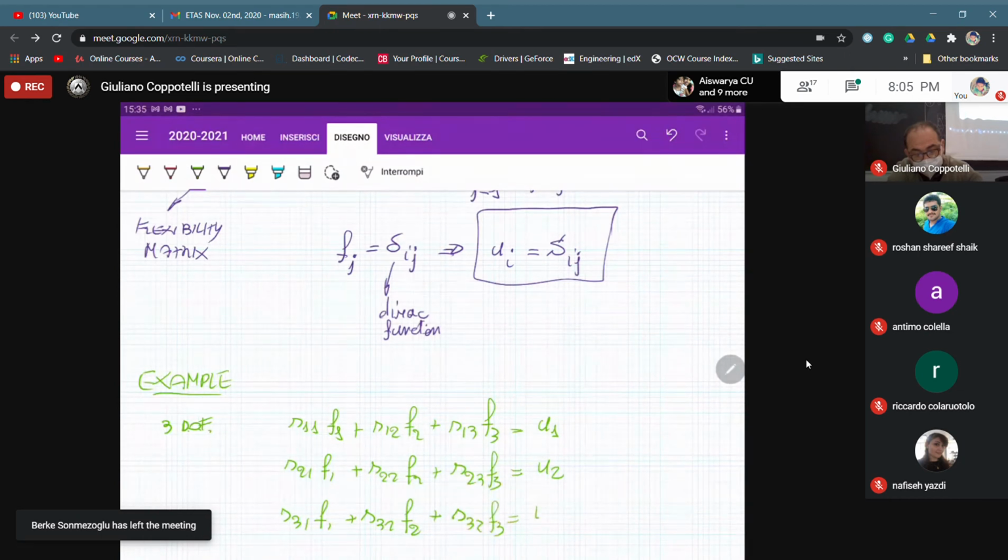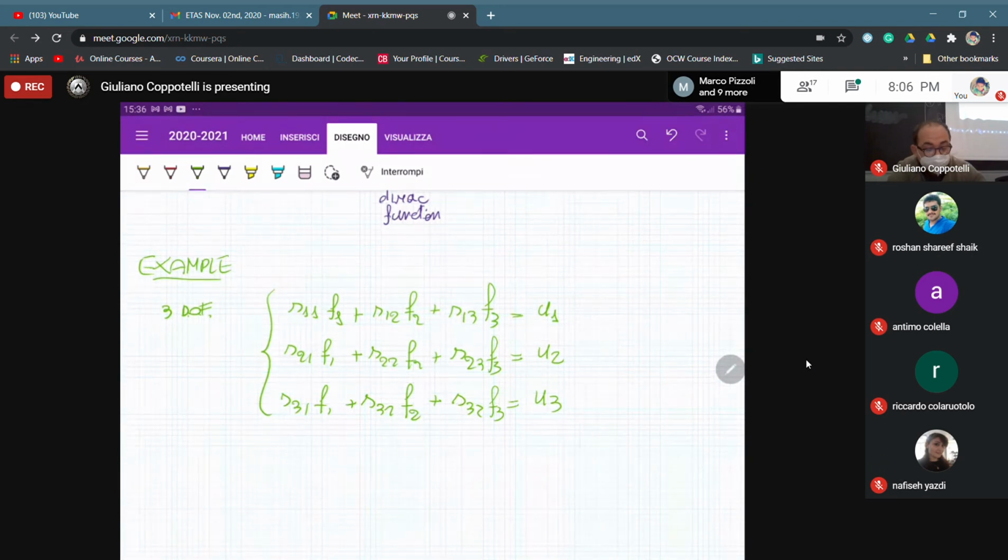So that is the static problem written in terms of the flexibility. The Sij are the flexibility entries.